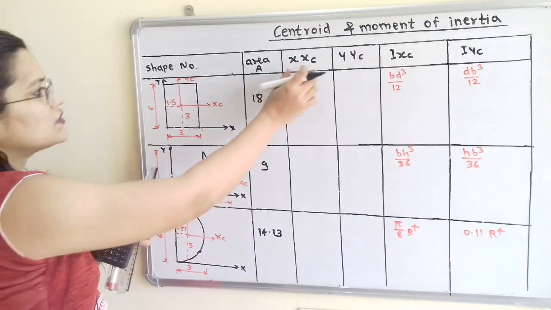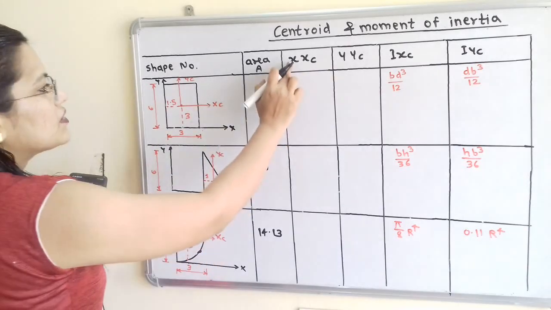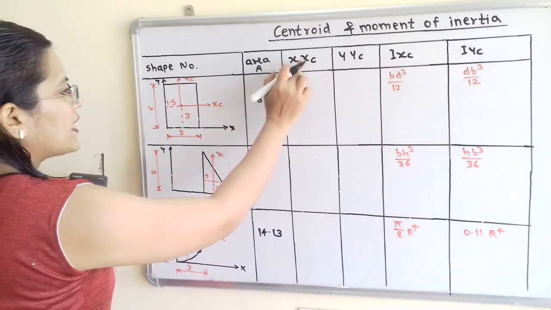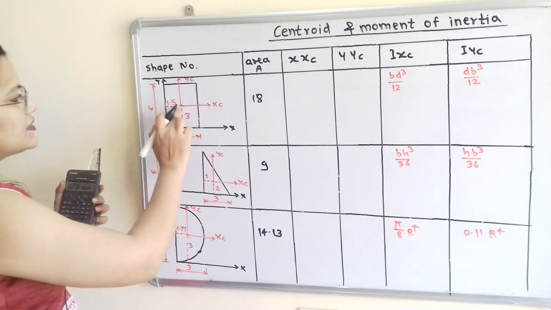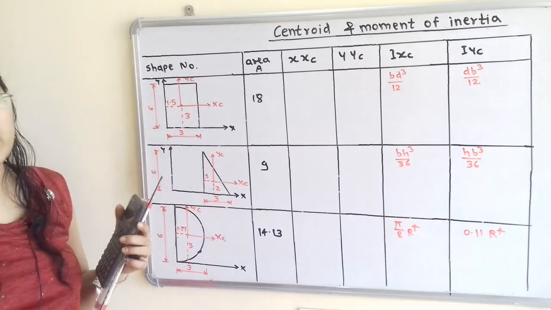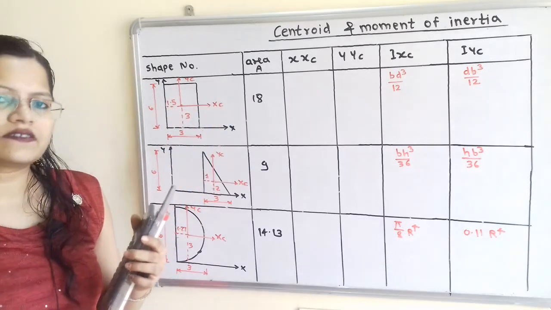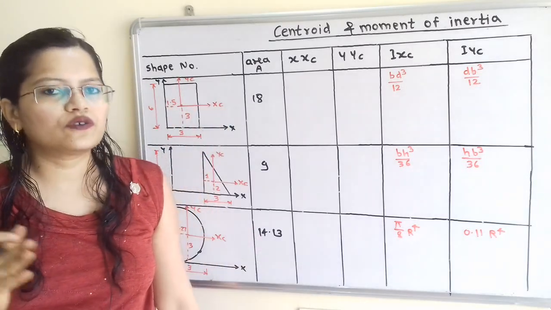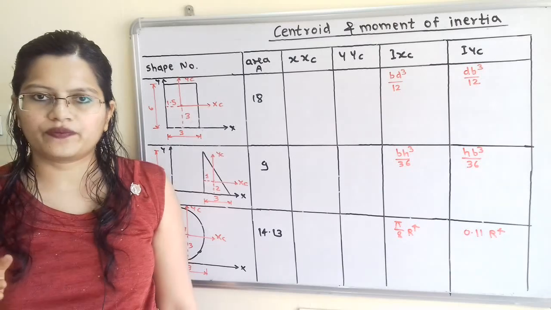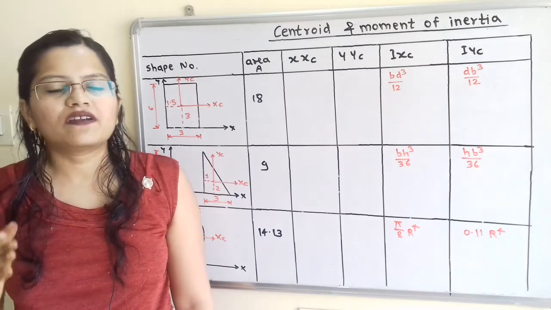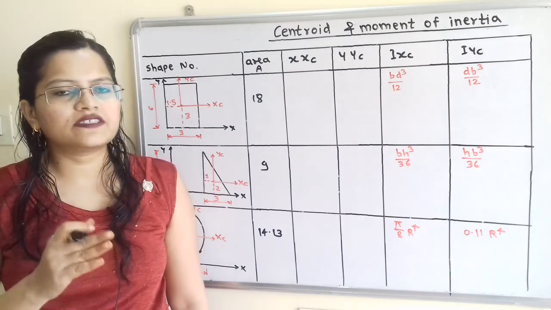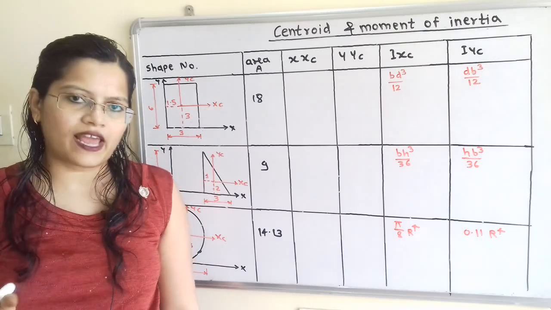Now next we have to find the distance between the x-axis and xc, that is the line passing through the centroid. Now why are we going to find this parallel distance? Because we are going to use the parallel axis theorem. We know the moment of inertia for each shape along the centroidal axis.